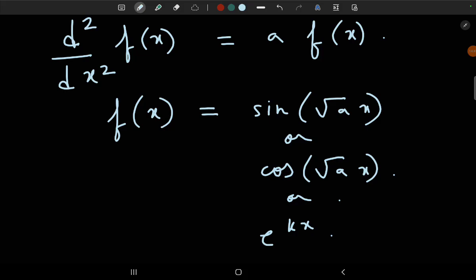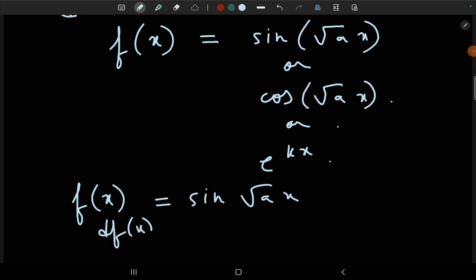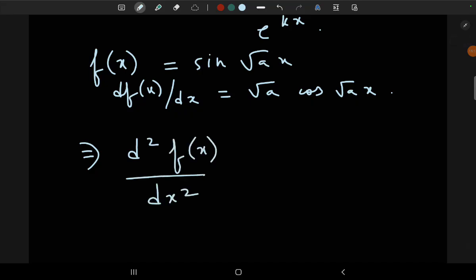We can check it very simply. If we take f of x equal to sine root ax, we have d dx on f of x giving root a cos root ax, and again the derivative should yield a sine root ax with a negative sign.